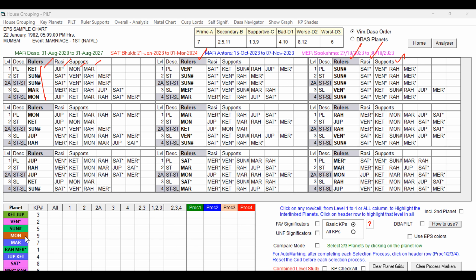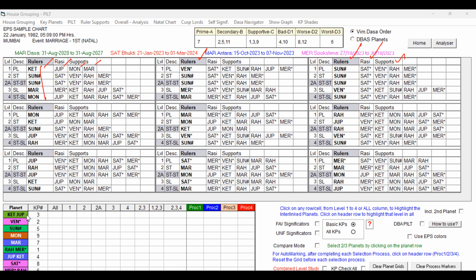Moon has got a brown shade. It means it is unfavorable on the higher side. And this blue means both favorable and unfavorable. It will give some sort of identification of each planet's overall strength. As I said already, these key planet shades are all under the experimental phase only. So it is giving only an idea, but please do not blindly follow.